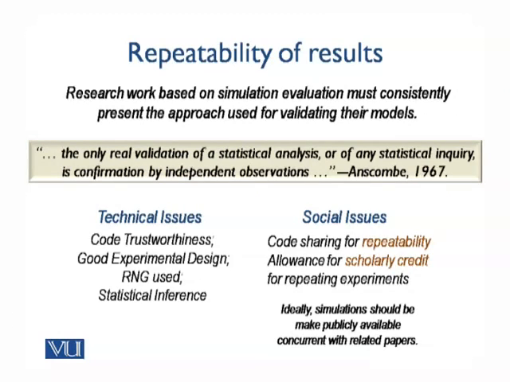The technical issues are that we need to specify everything that we use to validate our setting and our statistical analysis, and explicitly state that in our papers. So only by expressing these things explicitly would our results and our simulation become credible.